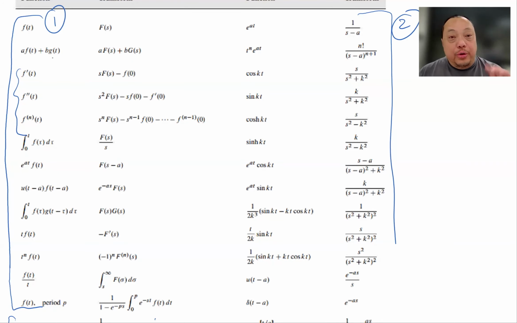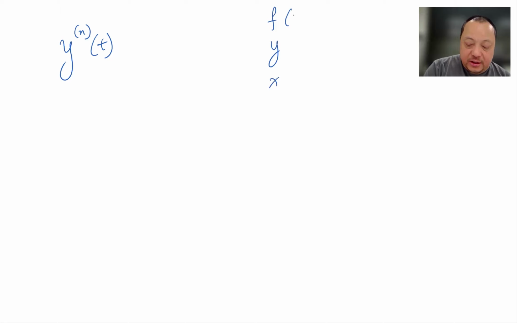But right now, I'll show you how to memorize the formula for the derivatives. Let's say you have the nth derivative of function y of t. Traditionally, whatever function you have, f, y, x of t, in the original equation, we would write the capital letter of that letter.